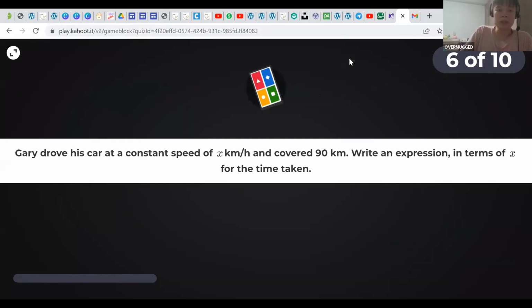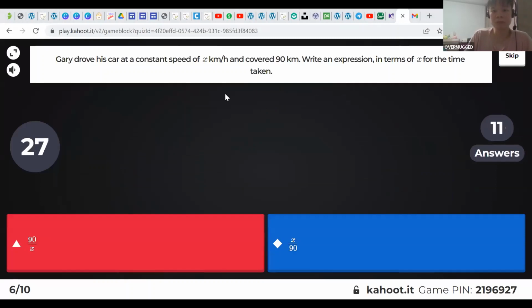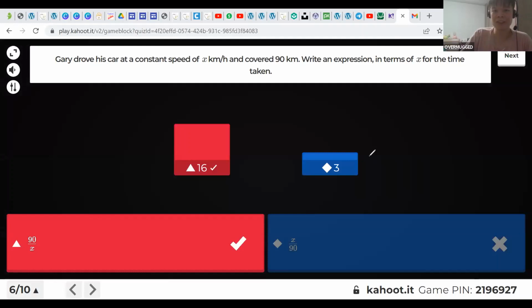Okay, quadratic equations. So distance divided by speed, right? Time equals distance divided by speed. Okay, 90 over x.